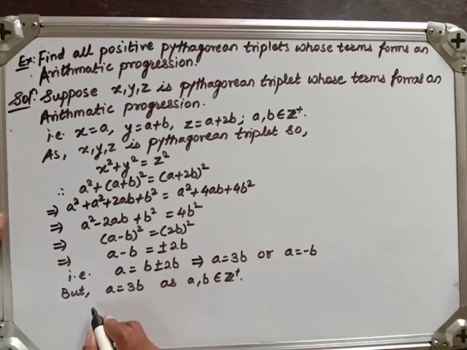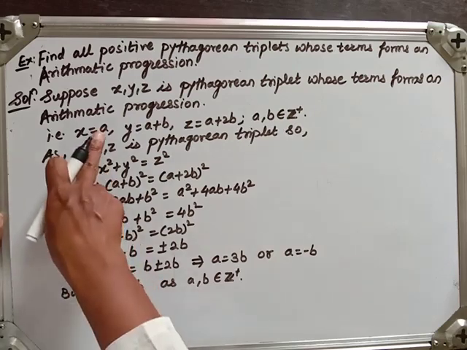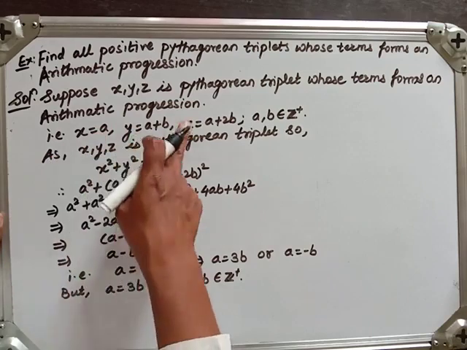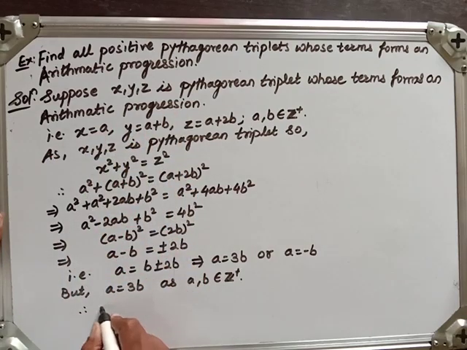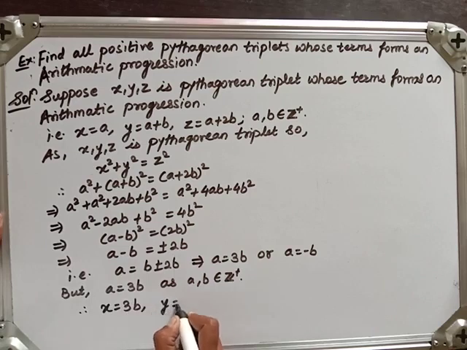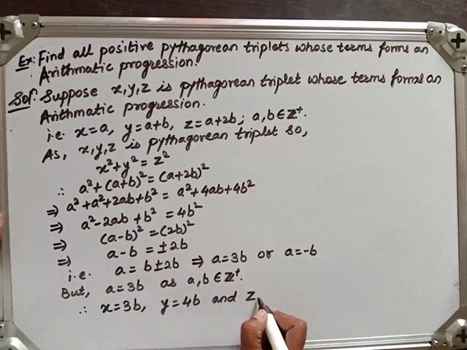So, 3b is the correct value. If 3b is correct for a, then we can easily find x, y and z from it. Therefore, x is 3 into b. Y will be 4 into b. And z is 5b.